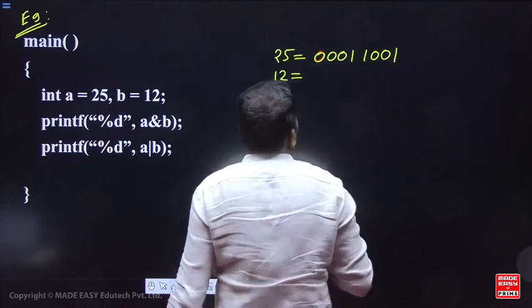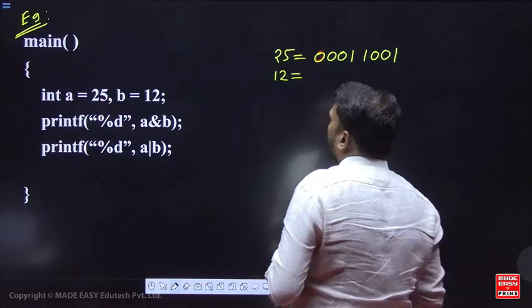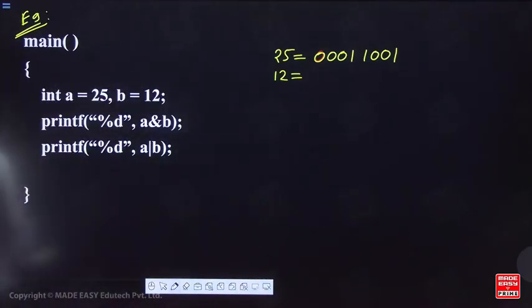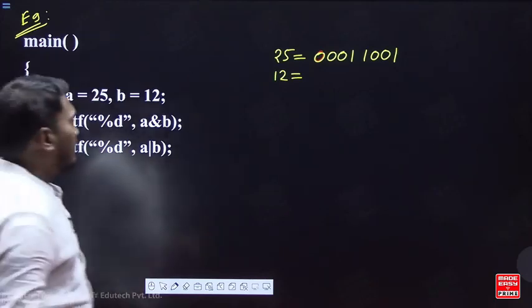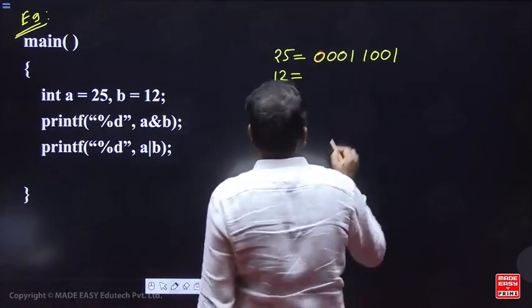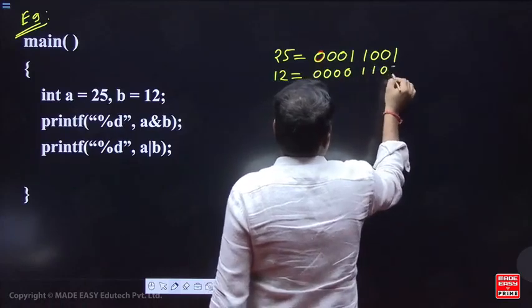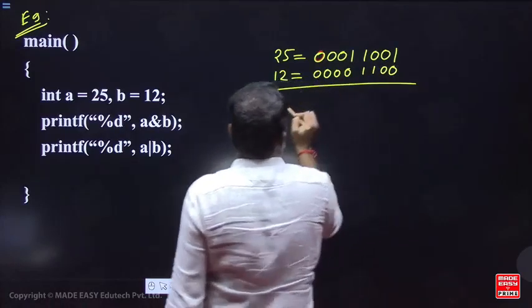Okay, this is the binary value of 25. And binary value of 12 is 1100, correct? So 00001100. This is the binary value of 12.